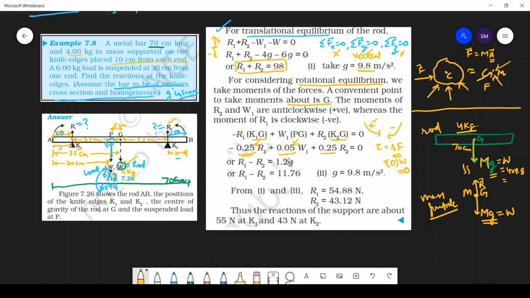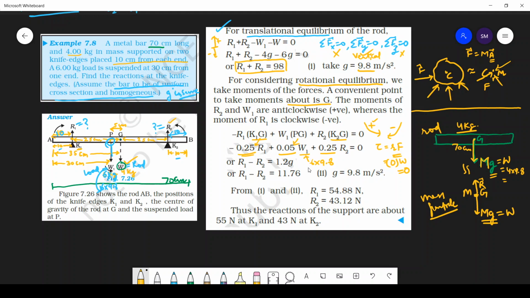Now solving them out, W1, what is W1? W1 is the load, 6 into G, 6 into 9.8.